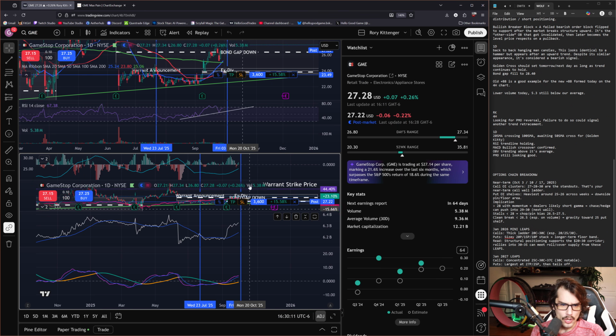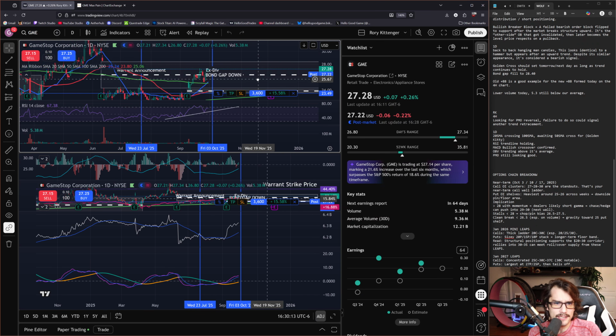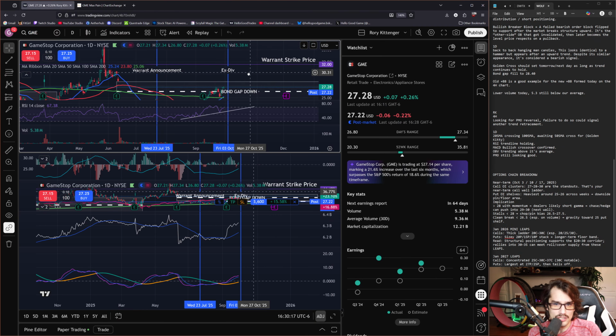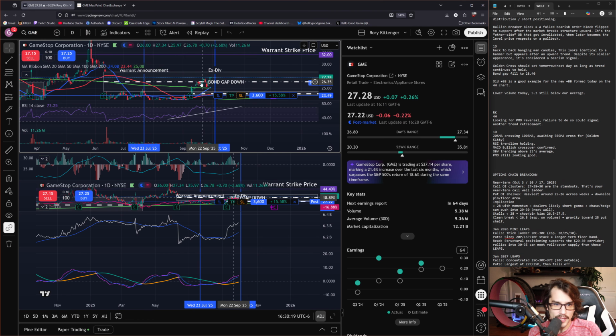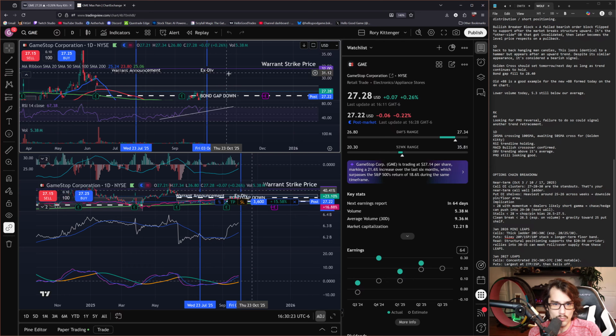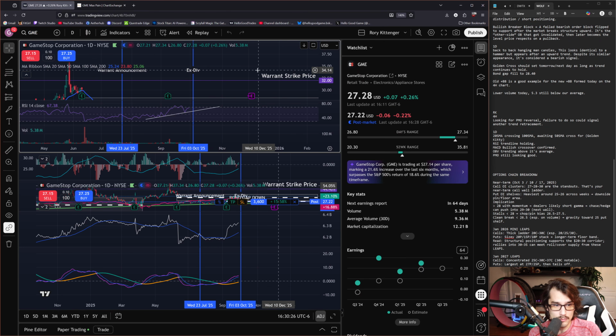And on that note, we have these warrants coming out. I don't think the warrants get exercised until they're in the money. So I think this price trend will continue until the warrants are in the money at 32, at which point people will start to exercise them, which is dilution.